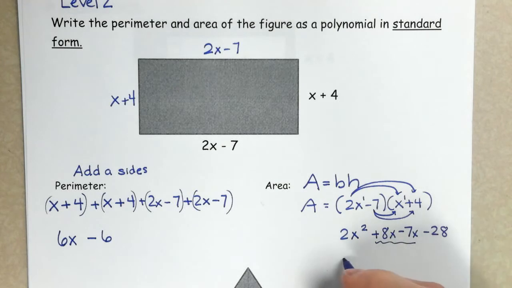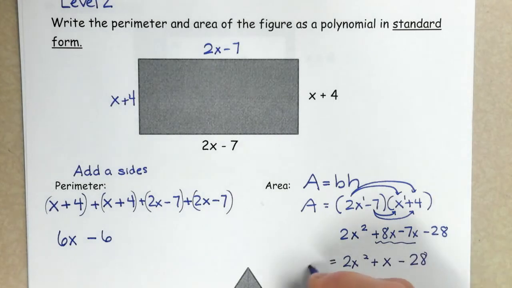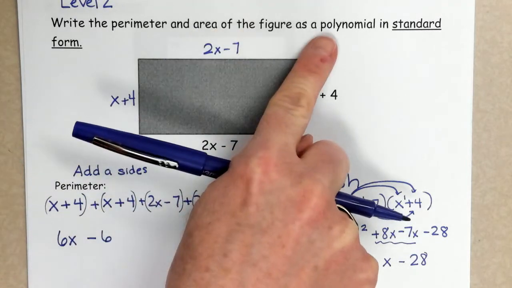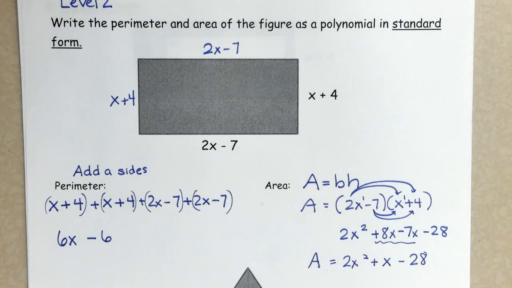Add like terms, 2x squared plus 1x, or just writing plus x, minus 28. That is the area as a polynomial in standard form. Biggest exponent first.